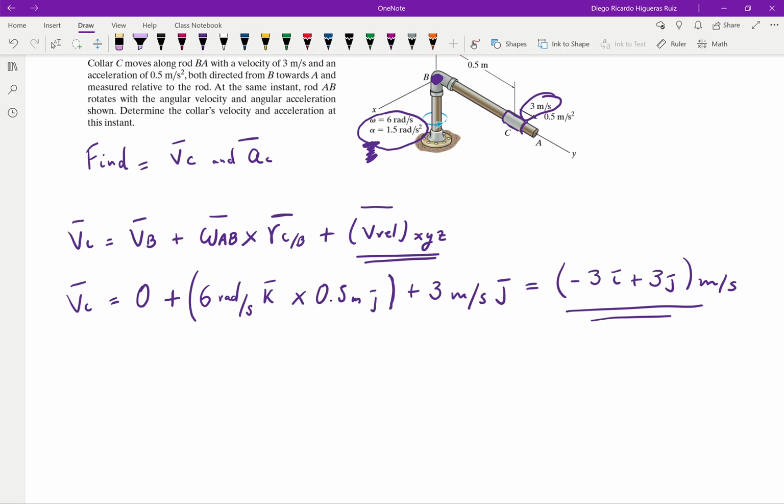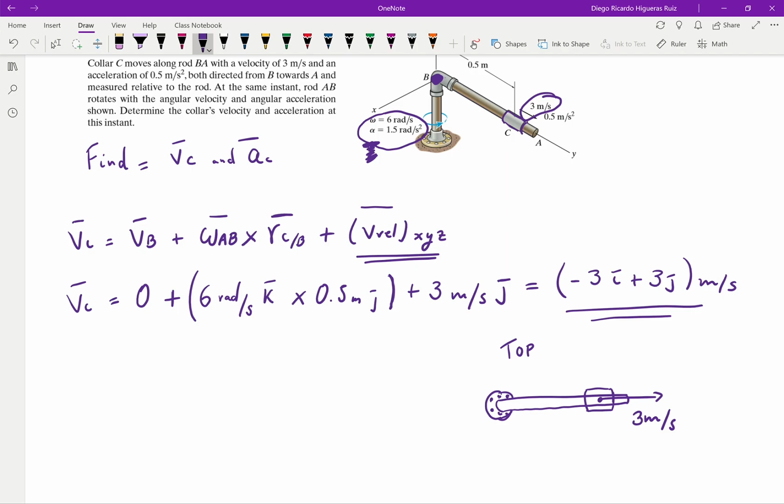This sketch is going to be drawn from the top. Okay, so basically we're just going to see something like this. Here we're going to have this base with the bolts attached to the ground, and here we're going to have this collar. Okay, the collar by itself is moving with a velocity of 3 meters per second.